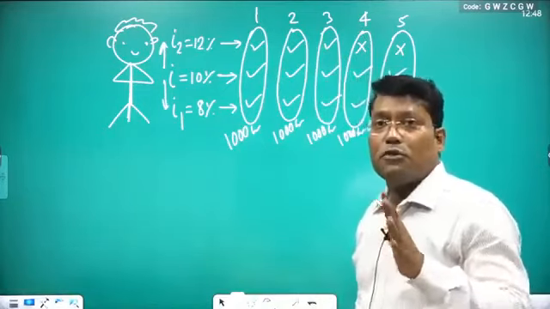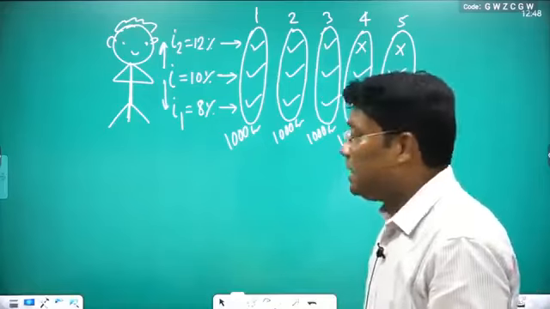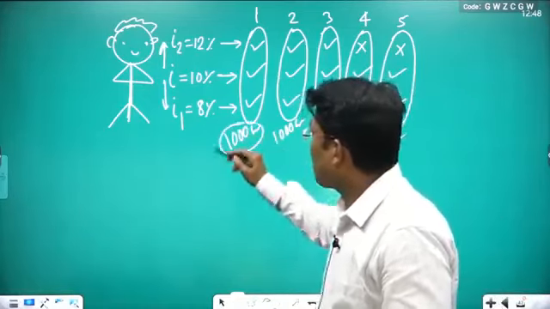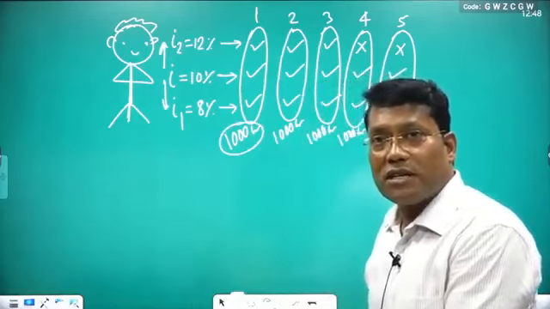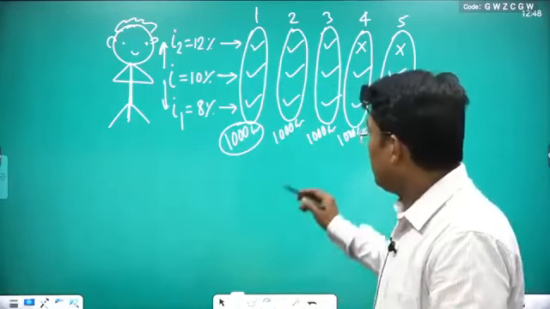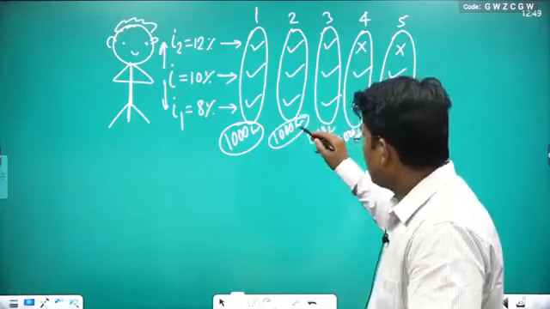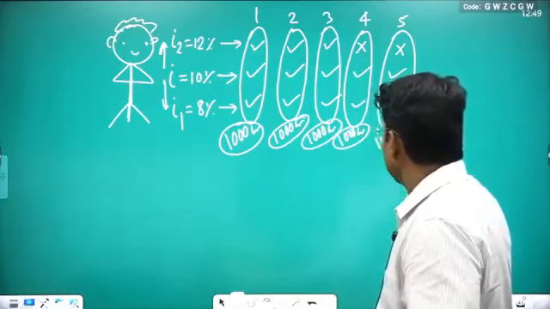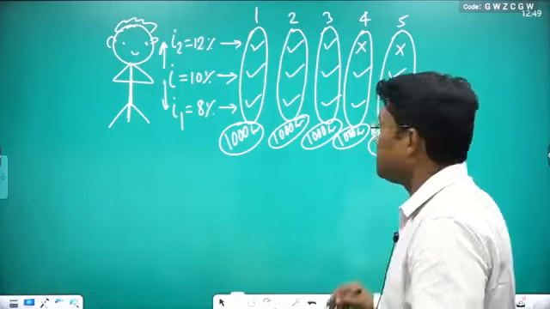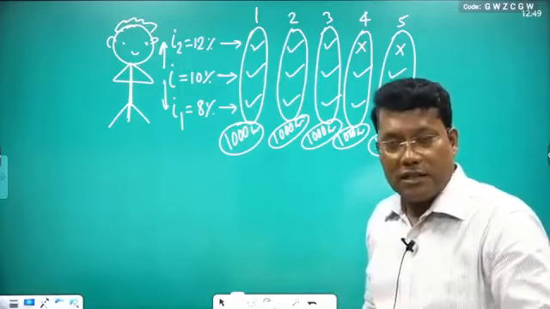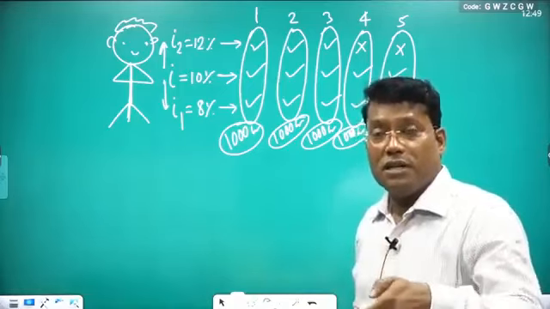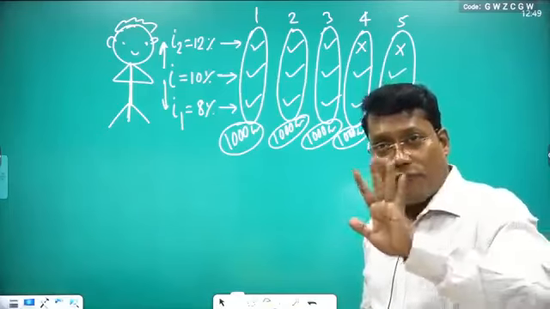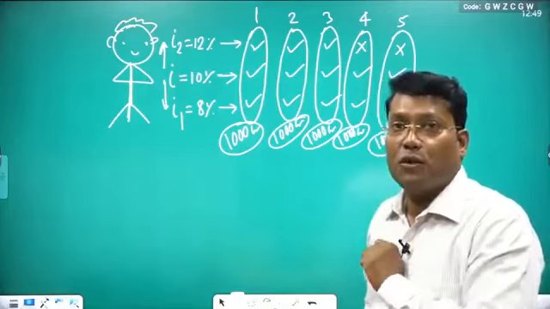And each project cost is 1000 crore, so 1000 CR for this, 1000 CR for this. Each project cost that you are going to bear is 1000 crores.